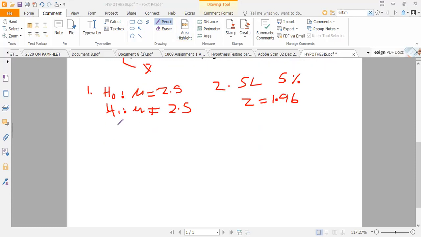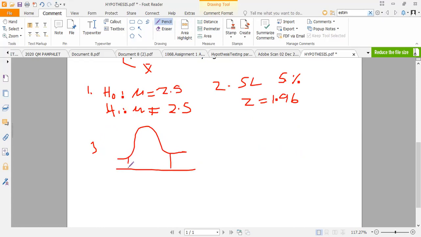Yes. Step 3 is set the decision rule using a two-tailed test. If it was one-tailed greater, I would have just said it. If it was less, I would have said it to the left. On the left side, our Z is always negative. If it was greater only, if you knew that it would be an increase, the one shaded on the right side is the positive.